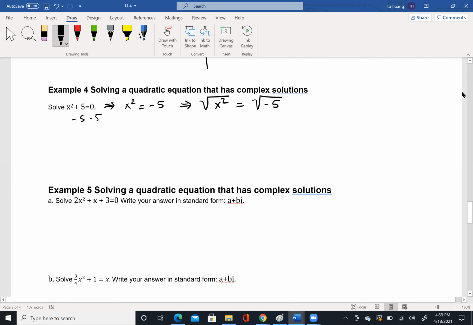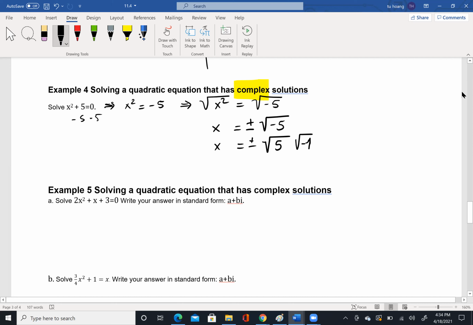In this case, you can say no real solution, but now I consider complex solutions. So I can rewrite it as x, now apply the square root property. I have x equal to, remember that I have two ways, positive and negative square root of -5. The square root of -5 can be rewritten as plus or minus the square root of 5 times the square root of -1.